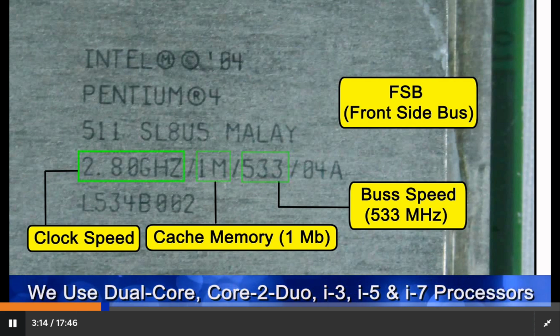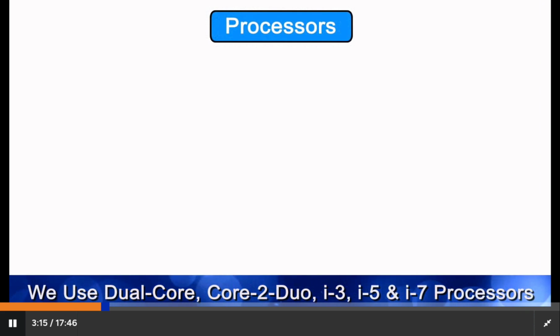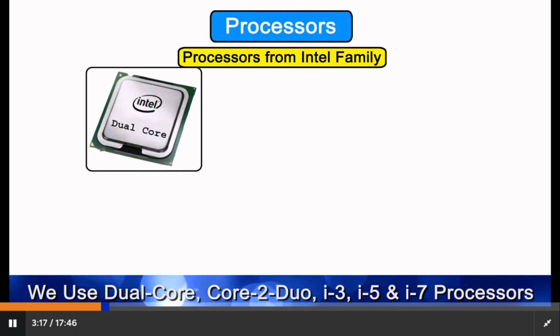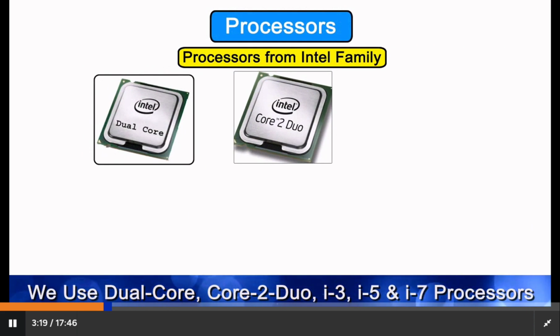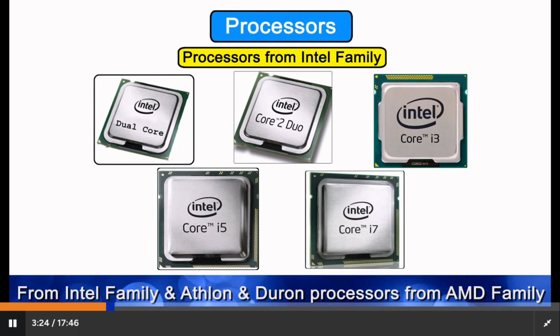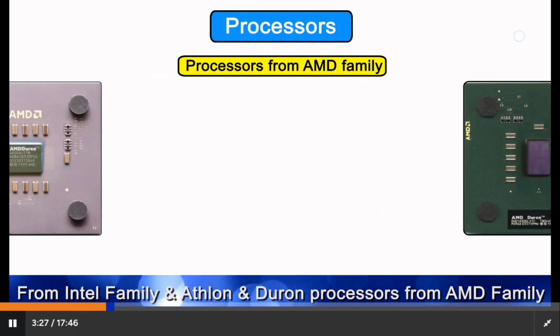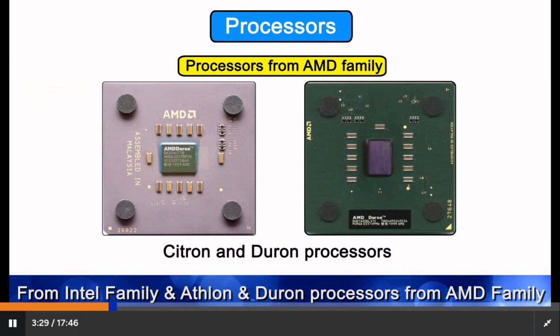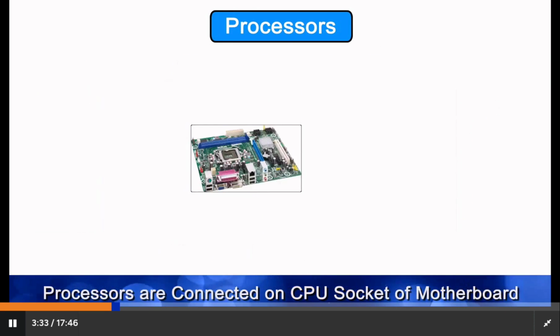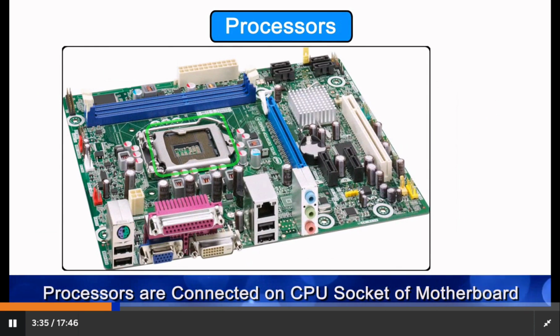Nowadays, normally we use dual core, Core 2 Duo, i3, i5 and i7 processors from Intel family and Athlon and Duro from AMD family. Processors are connected on CPU socket of motherboard.